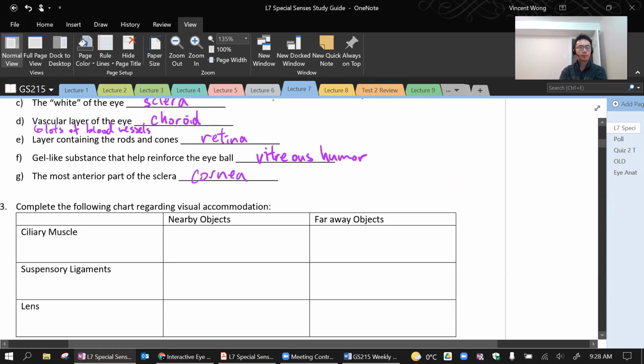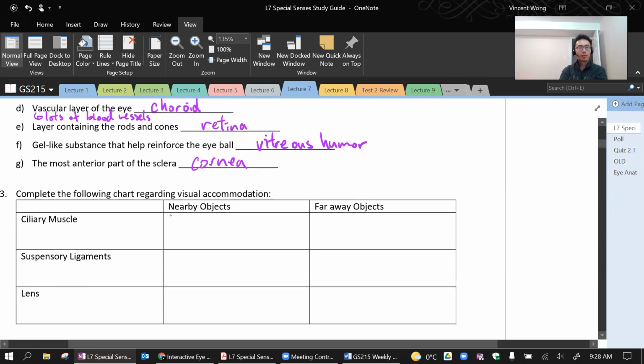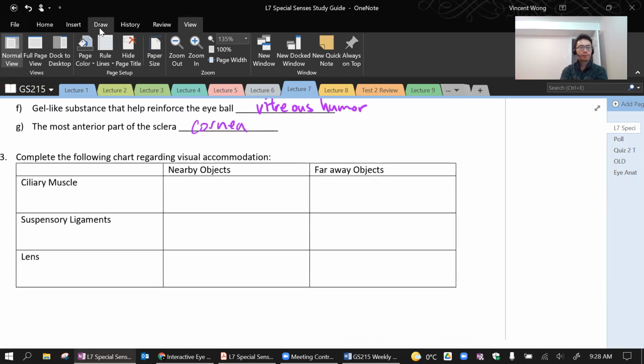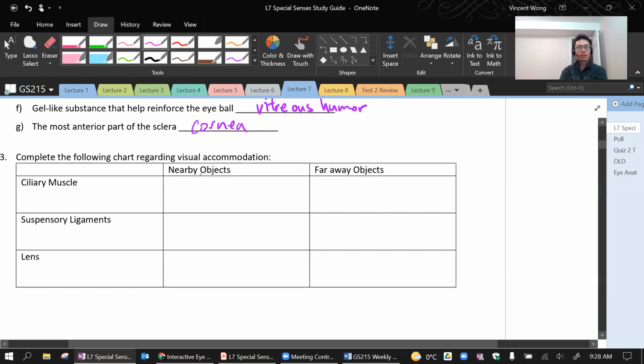Okay. Let's fill in this chart. Nearby object, like reading a book, okay? The lens, we want the lens to be thick. In order for it to be thick, the ligaments need to be loose.